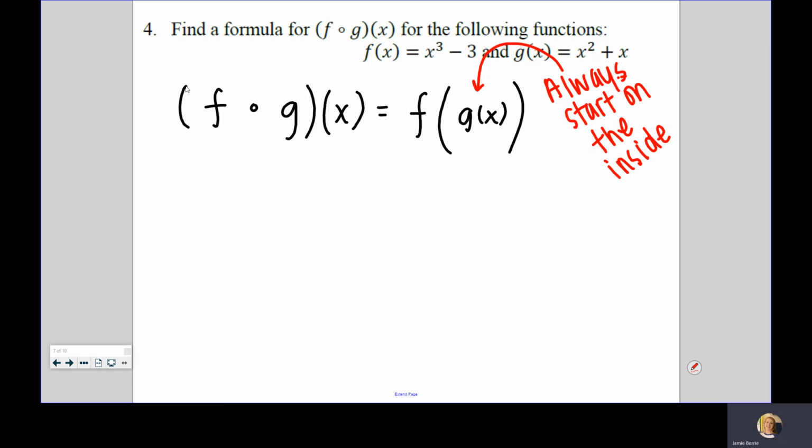So start on the inside. And here it's just telling us replace g of x with what they told you it was. So they told us that g of x was equal to x squared plus x. So just replace that whole thing with x squared plus x.